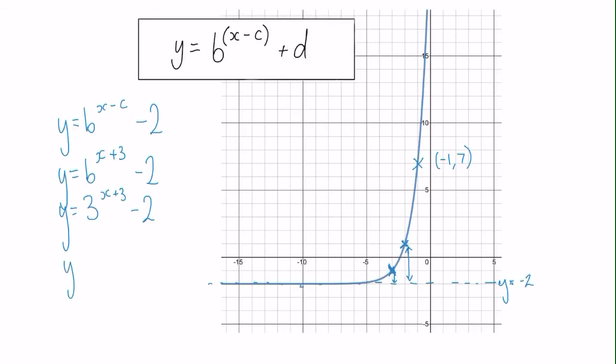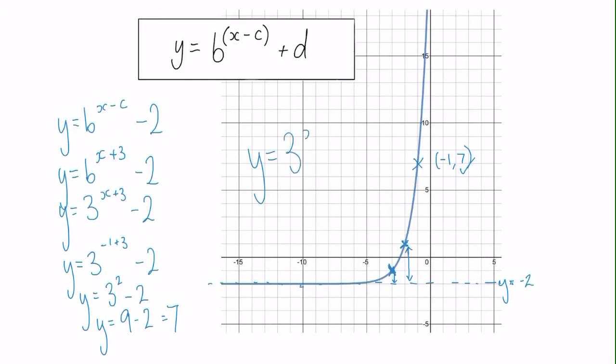So y equals 3 to the power of x, which is -1, plus 3, and then minus 2. That would be y equals 3 to the power of 2, minus 2, y equals 9 minus 2, which equals 7. So that agrees with those coordinates there, so I know that my final equation is y equals 3 to the power of x plus 3, then minus 2.